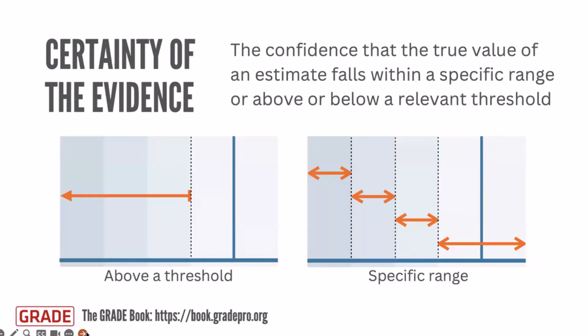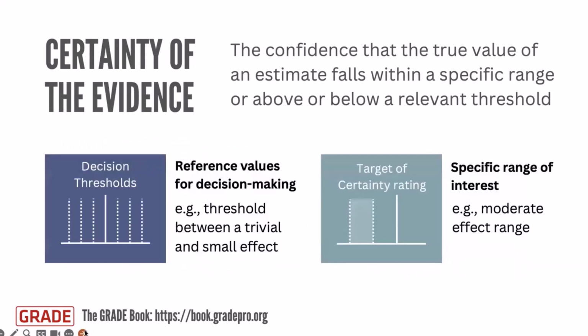Today, we're not going to cover all the GRADE domains. I will exemplify how the operationalization of this new definition deals with inconsistency and also with study limitations, but the same principles can be applied to any of the GRADE domains.